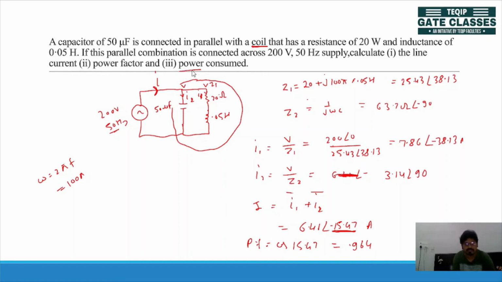Power consumed is nothing but the active power. Resistance is the only element which consumes power, so you can also calculate the consumed power by I squared R, the current flowing in the resistance and the ohmic value of the resistance. So these are the ways you can calculate your power.